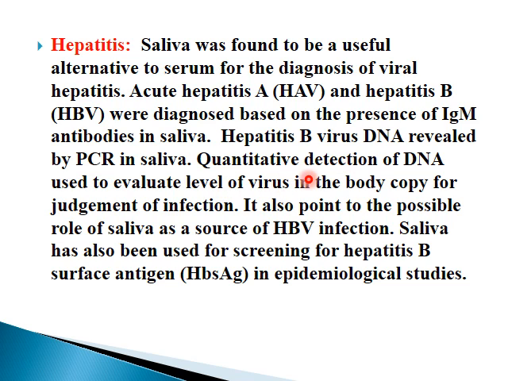Quantitative detection of DNA is used to evaluate the level of virus in the body for judgment of infection. It also points to the possible role of saliva as a source of HB virus infection. Saliva has also been used for screening for hepatitis B surface antigen in epidemiological studies.